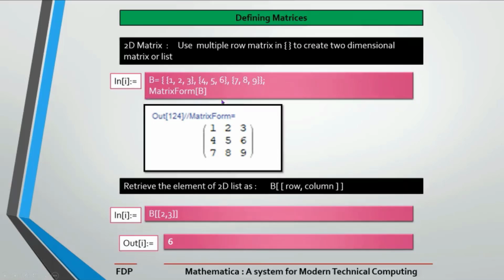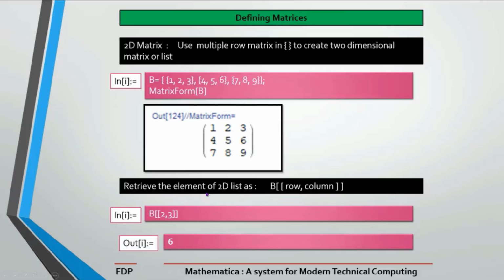Then this will create this particular output. Whenever you want to show the users that they are working on some particular matrix, and the matrix should come up in your standard form, then you have to use the MatrixForm function, right?